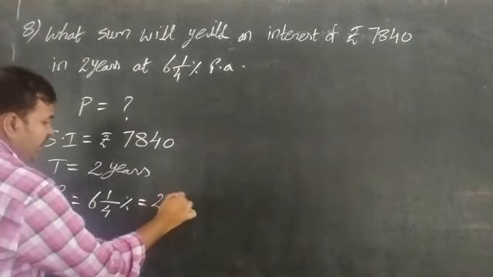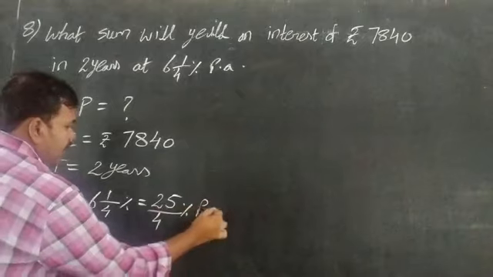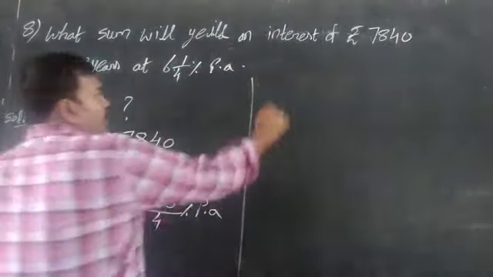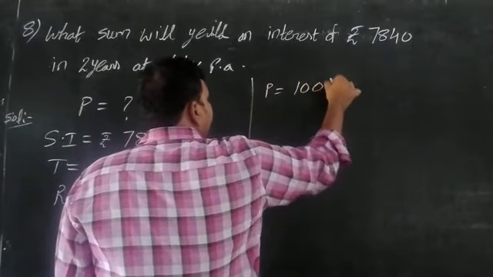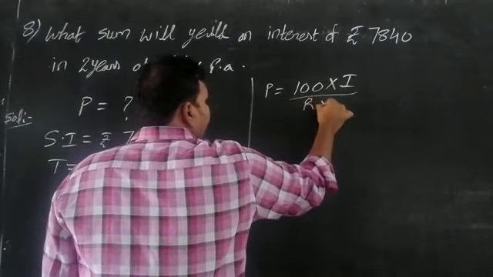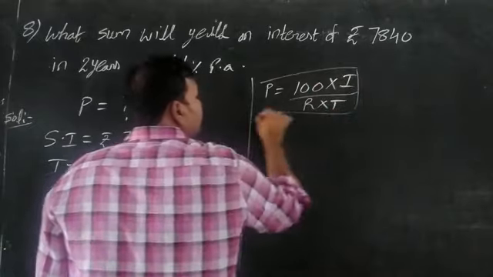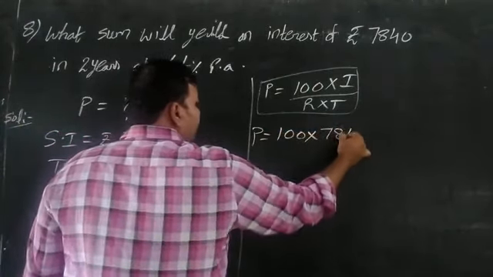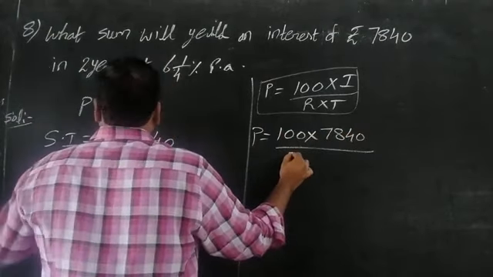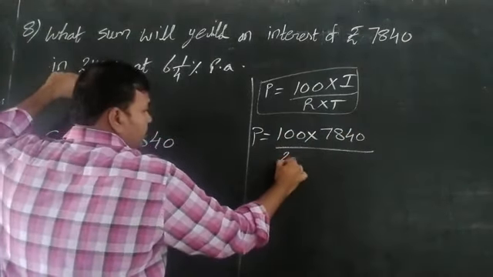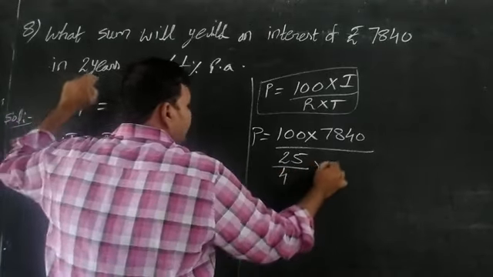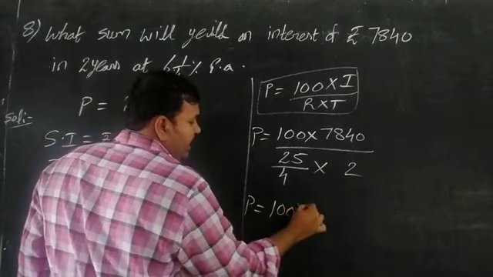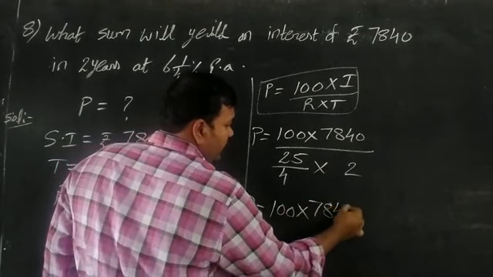The rate is changed to 25 by 4 percent per annum. What we have to find in this sum is the principal. The formula: P is equal to 100 into I by R into T. P is equal to 100 into 7840 by the rate 25 by 4 into the time 2.